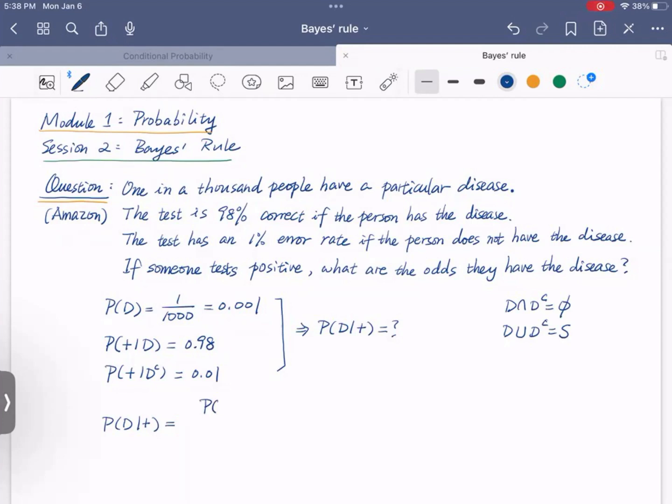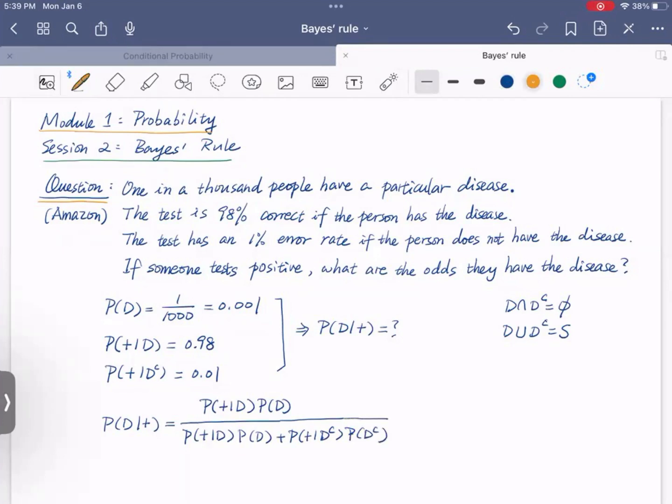The numerator should be P of plus given D, you reverse the rows, and then times P of D. In the denominator, one of the terms is always equal to the numerator. So let's copy down the numerator. Then plus the other case, P of plus given D complement times P of D complement.